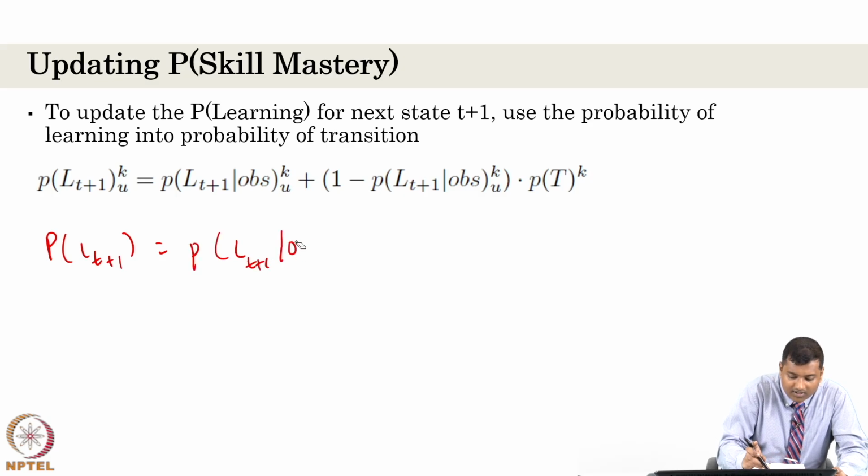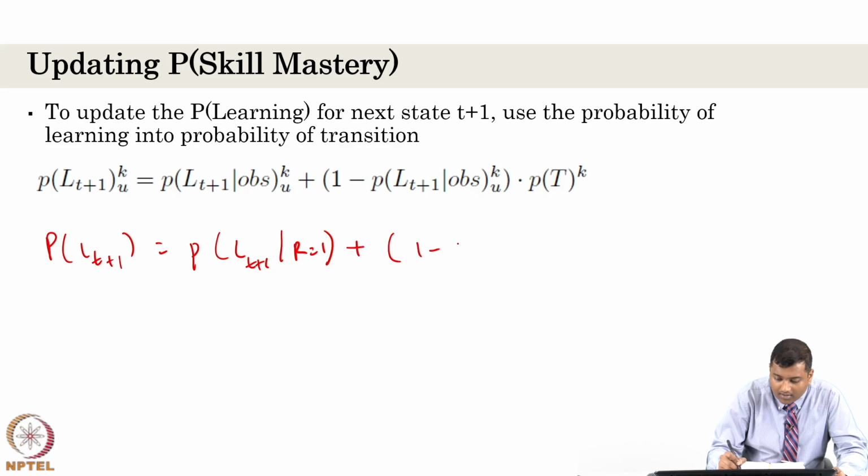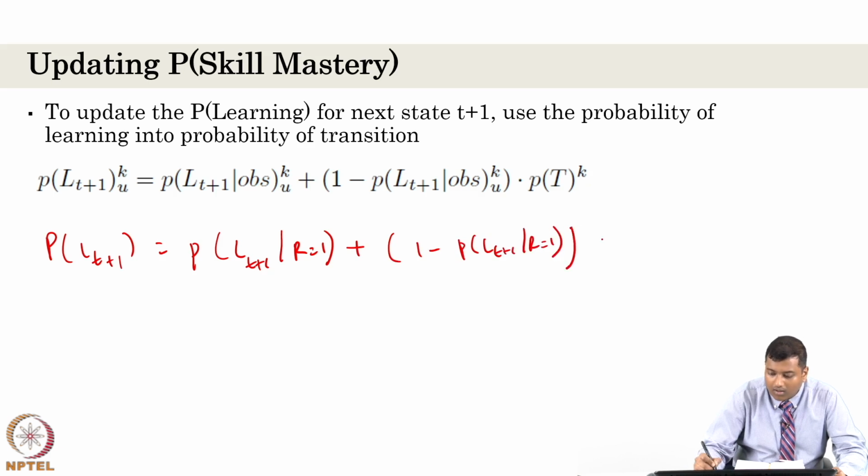In our case, our observation is r equal to 1, which we have just computed, plus 1 minus the same thing, times probability of transition.